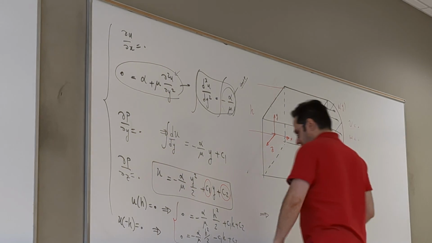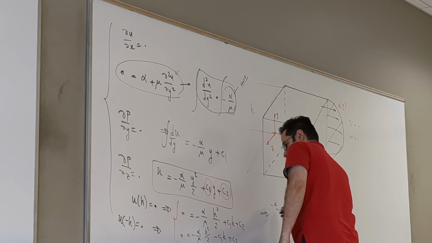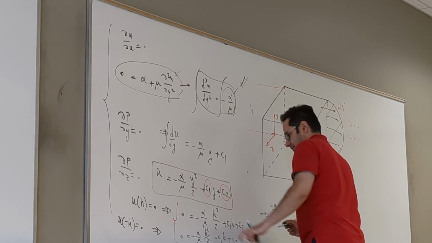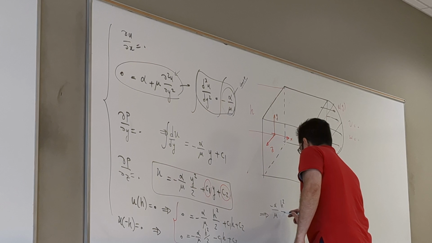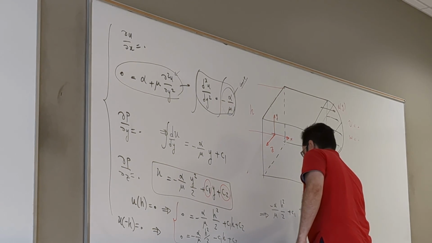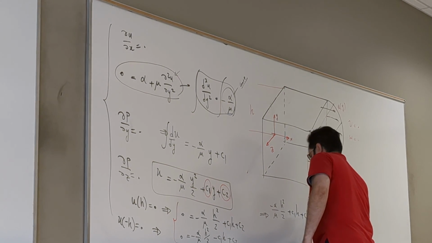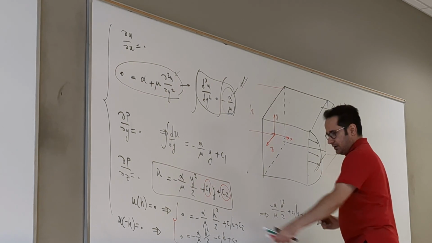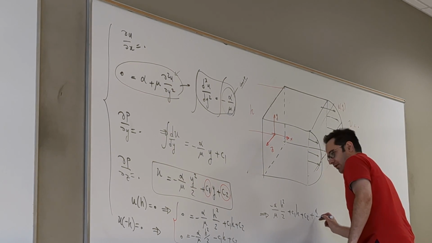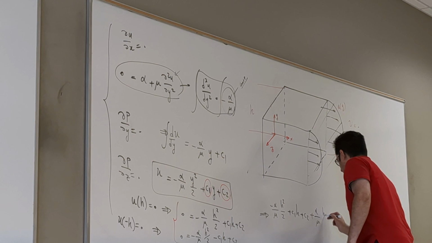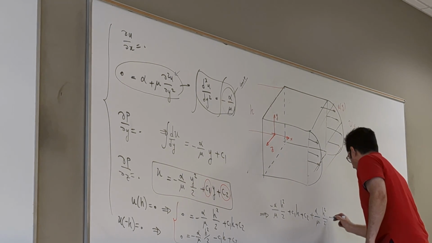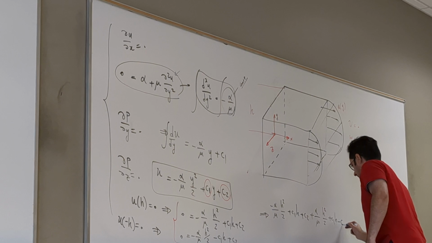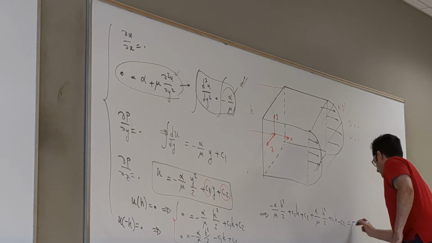So you get negative alpha over mu h squared over 2 plus C1 h plus C2, minus the bottom, which is plus alpha over mu h squared over 2 plus C1 h minus C2, is equal to 0.